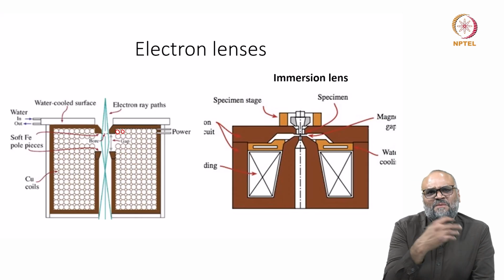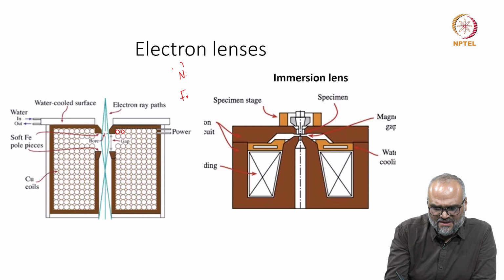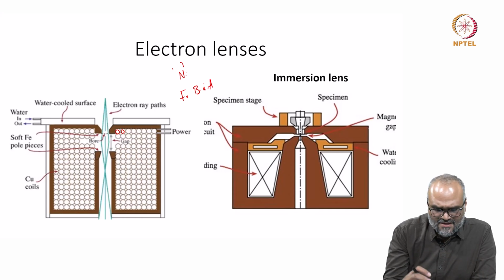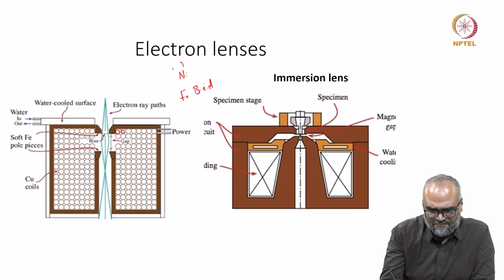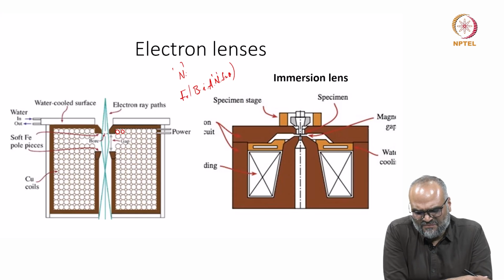If you remember how a solenoid functions, if there are n turns in a solenoid and I want to know the force acting because of the n turns, I can write, if B is the magnetic field strength, I is the current passing through the coil, and the total area of cross section of this particular solenoid is A, and n is the number of turns, I can get the force in something of this form, which is again a simple expansion of the Lorentz force that I have written there.